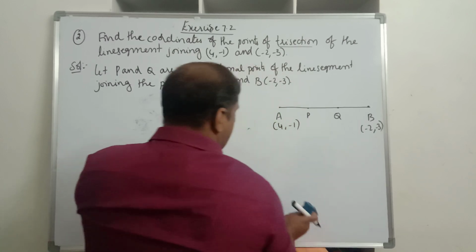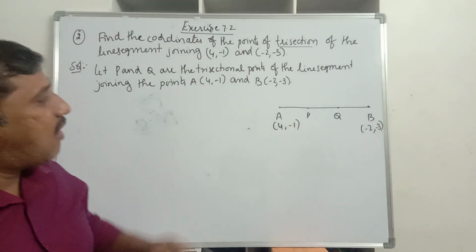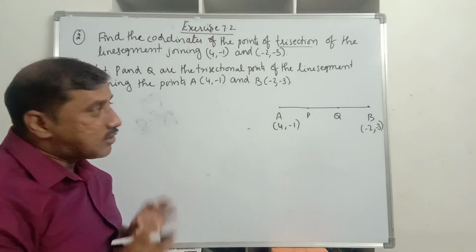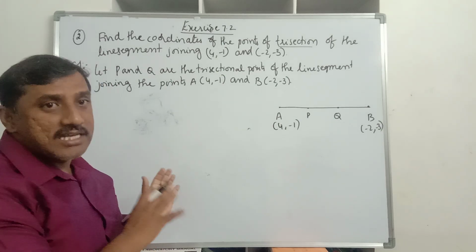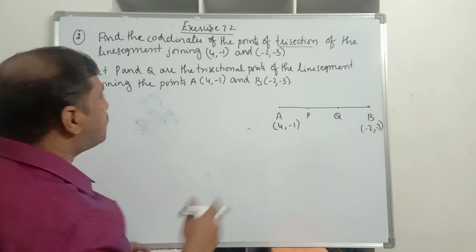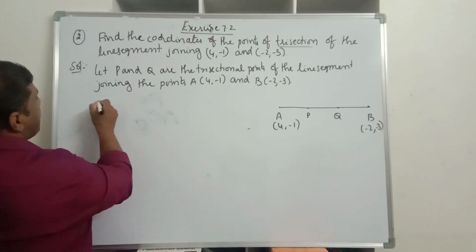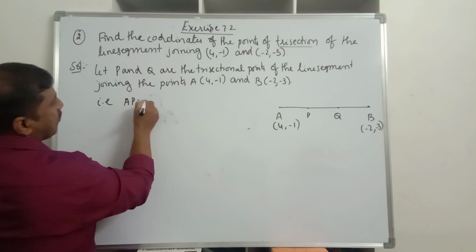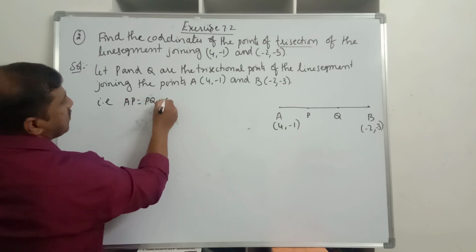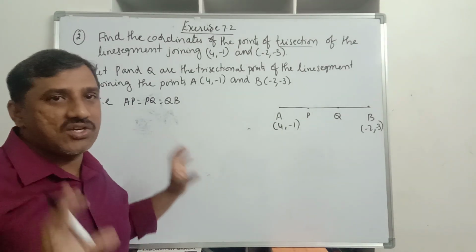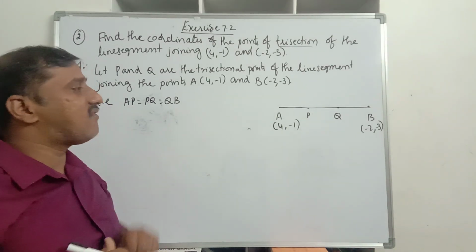Here the section formula we use to find the coordinates of point P and point Q. So in which ratio does it divide? It is 1:2 and 2:1. So that is, dividing into 3 equal parts, the length of AP is equal to PQ is equal to QB, all are equal. That is the meaning of trisection, dividing into 3 equal parts.